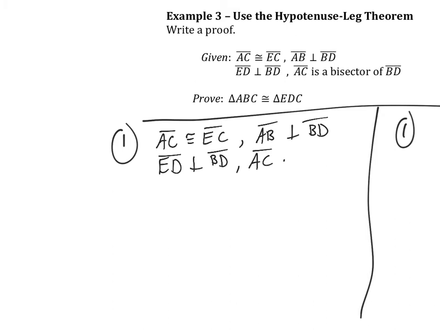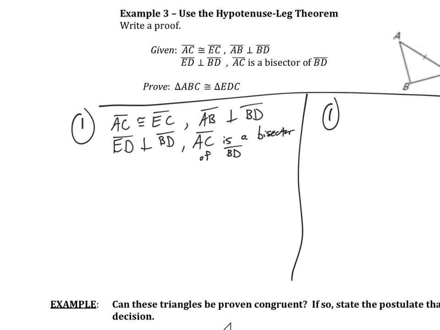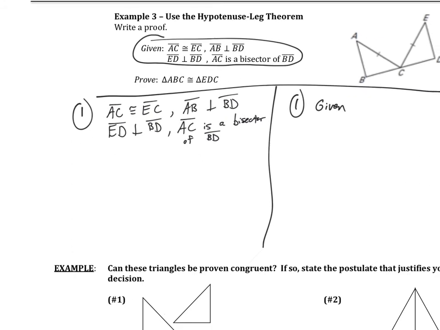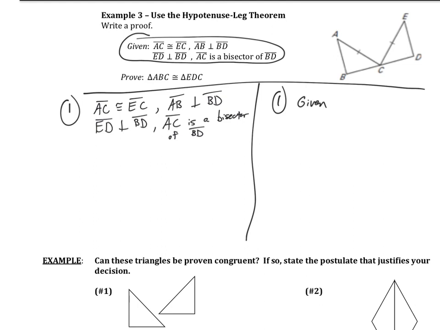We would say segment AC is a bisector of segment BD. So we would list all of this in the first statement, and that is given. That is what they told us is true. It's given. In the picture, they have AC and EC marked.